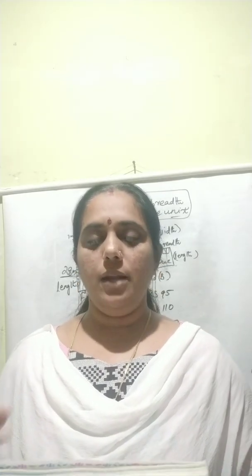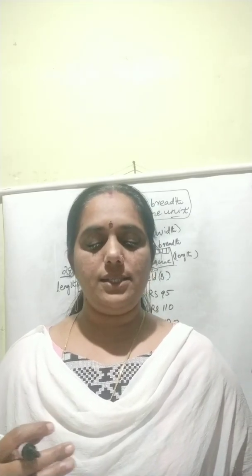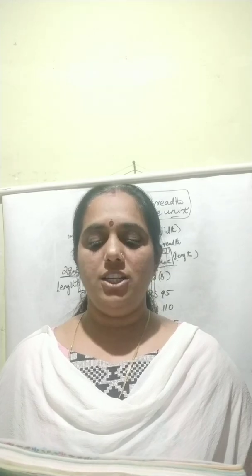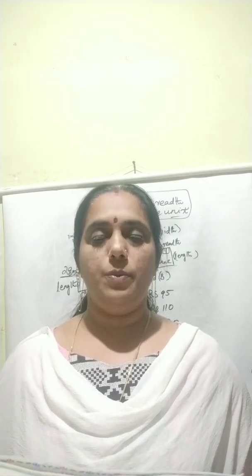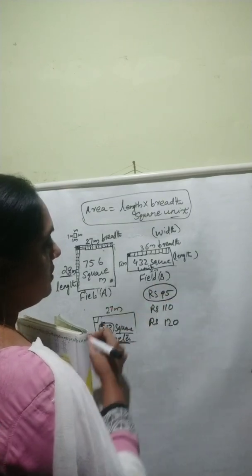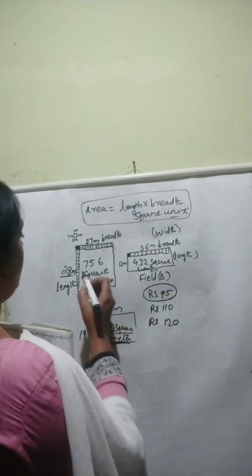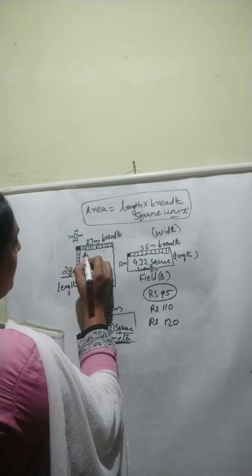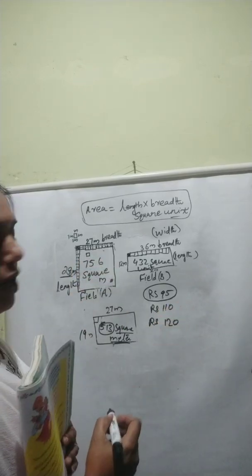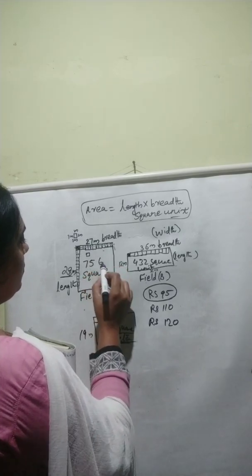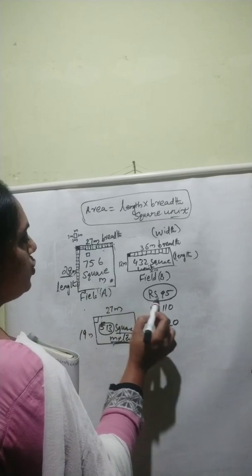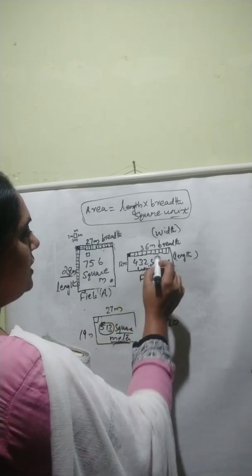Then the second part of this question is, he bought field A at the rate of rupees 95 for a square meter. So for this type of 1 square, he needs to pay 95 rupees. The total is 756.